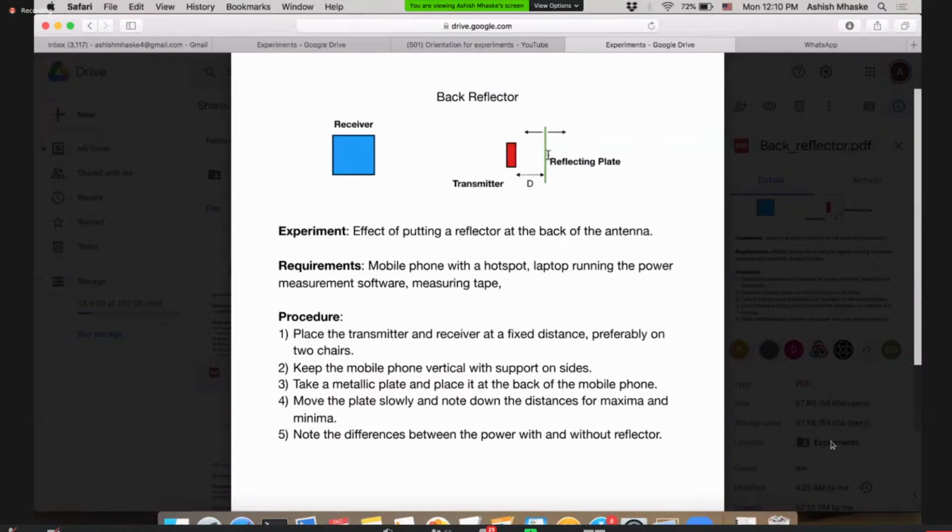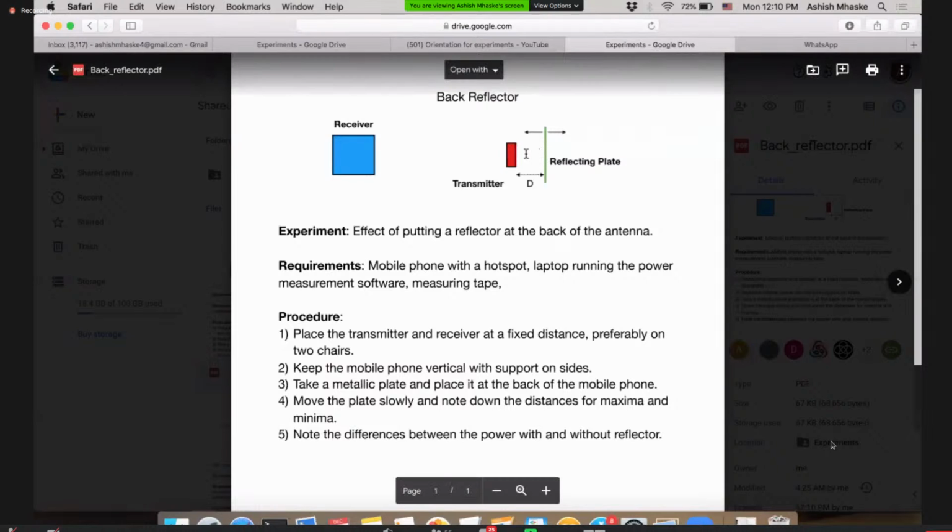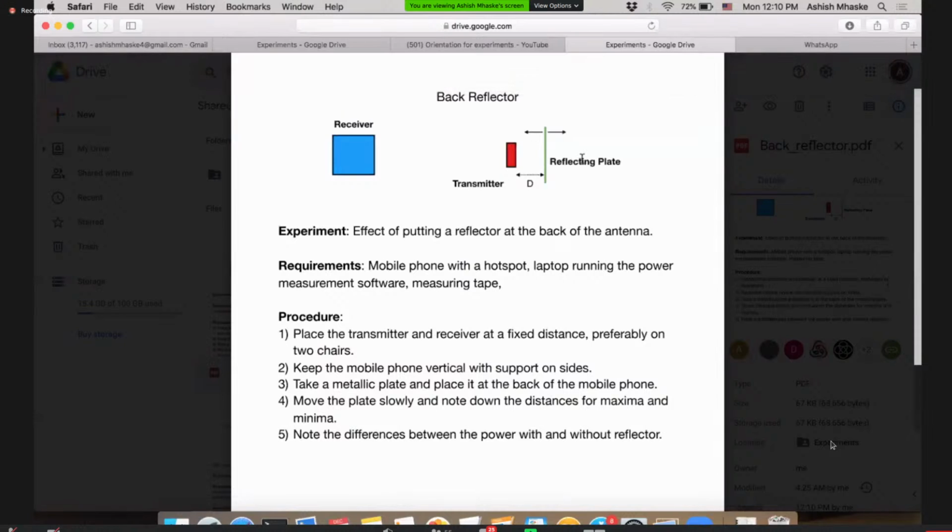You can move this reflector and see at what points you get maxima and minima, and that should give you the wavelength at which you are operating. In case you can't figure out the wavelength, this is a very good method of estimating it.